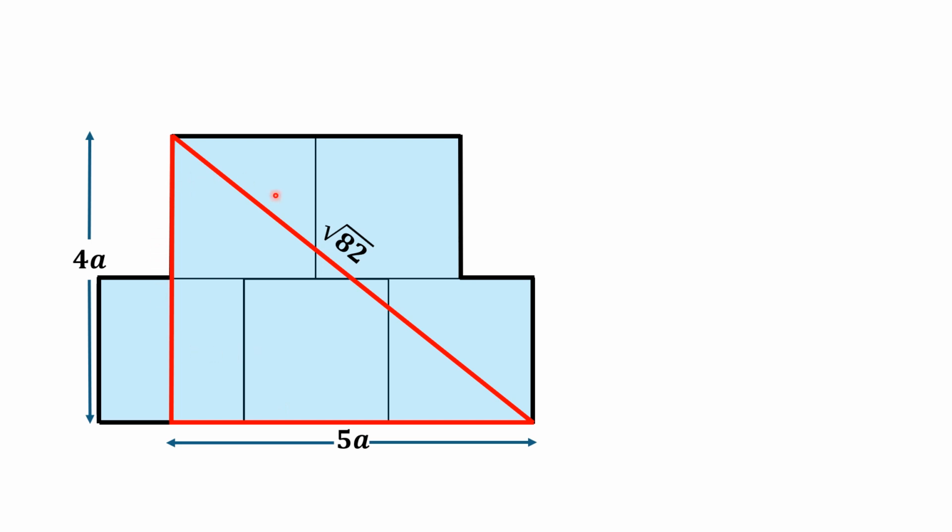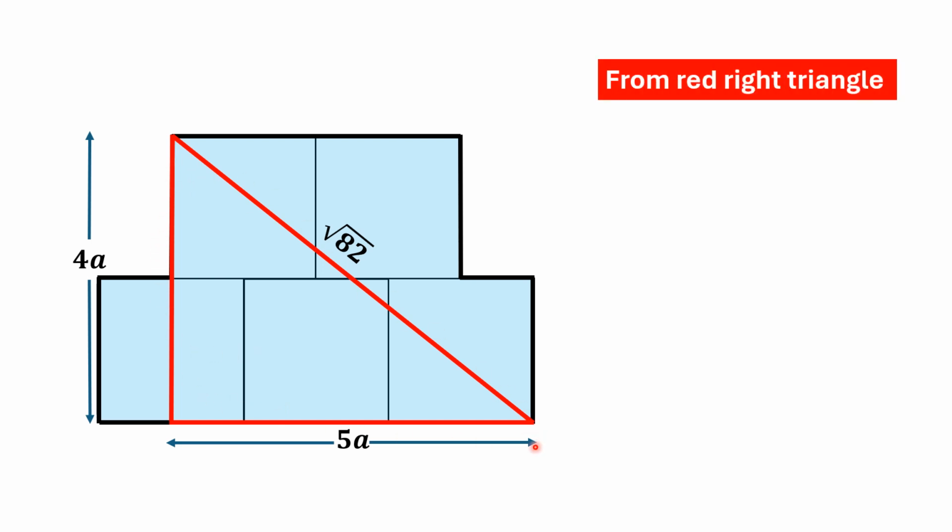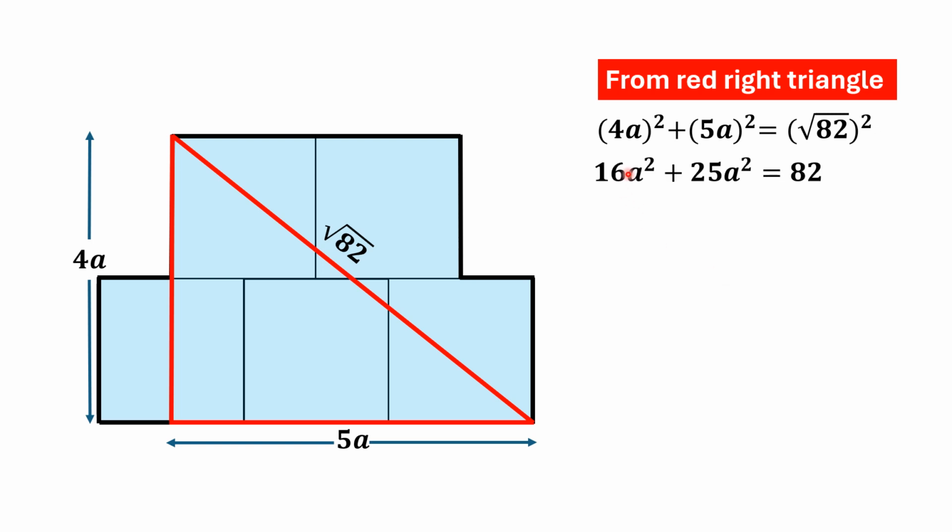Now from this red right triangle, by using the Pythagorean theorem, we have 4a square plus 5a square is equal to square root of 82 square. So this term is equal to 16a square, this term is 25a square, and this is 82. 16 plus 25 is 41a square.